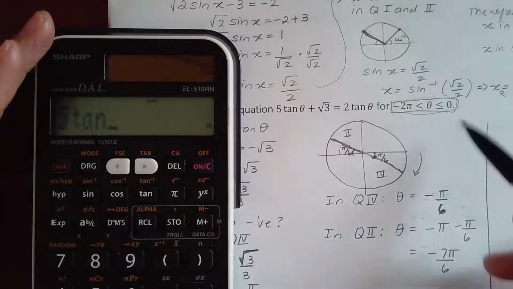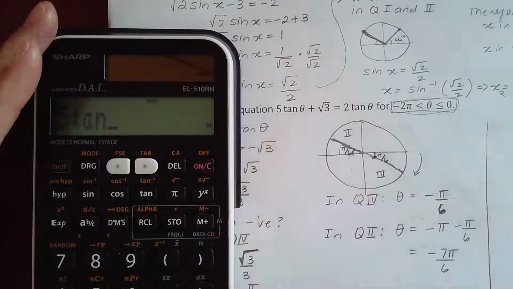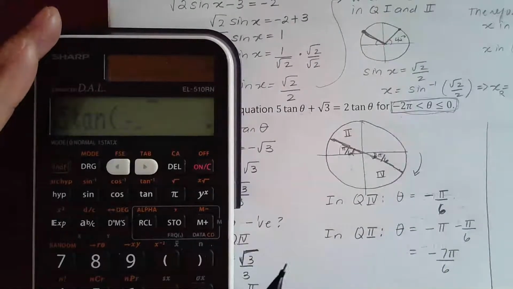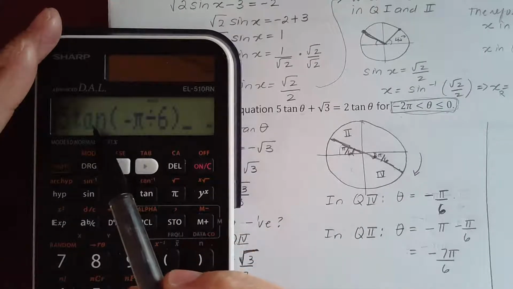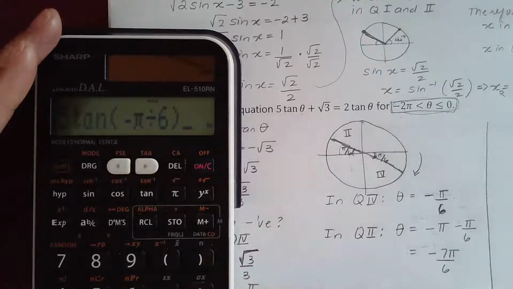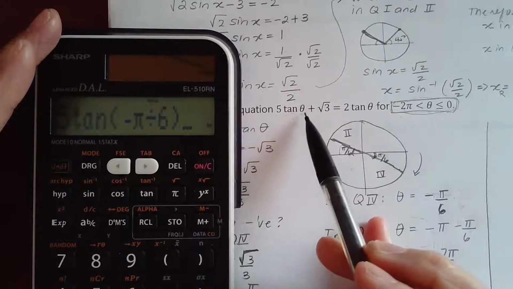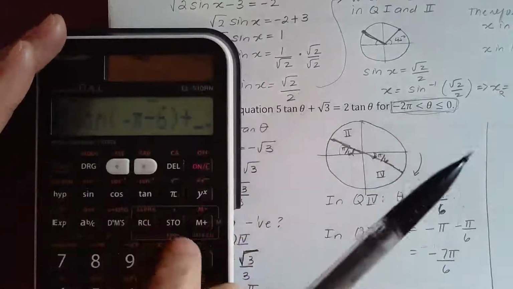I'm going to substitute theta with negative pi by 6. I'm using my brackets because I want to take the tan of all of these. So 5 times tan of negative pi by 6 plus root 3.